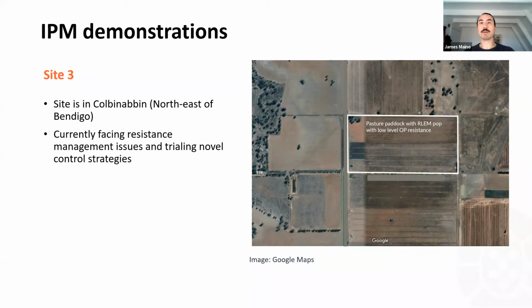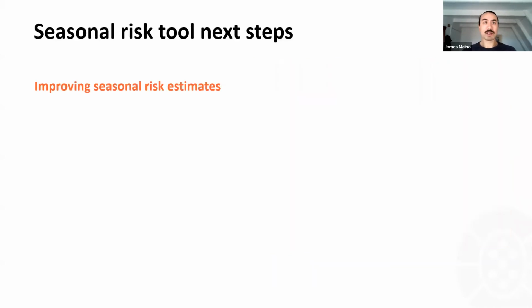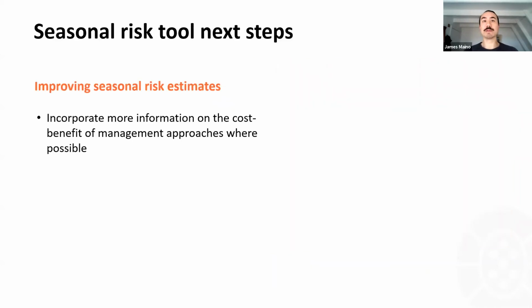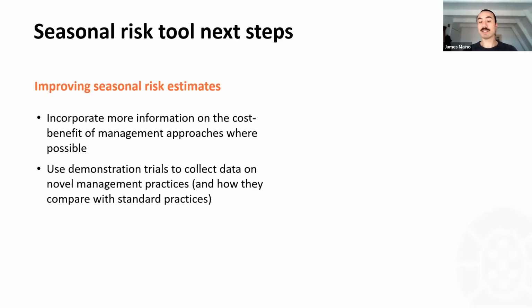So here we're starting to get a glimpse of what happens when your chemical controls start to fail, and what other options we have, both chemical and non-chemical. So we'll be trialing a bunch of different things at this site as well. So just wanted to flag that with the group, just so you know what's going on behind the scenes.